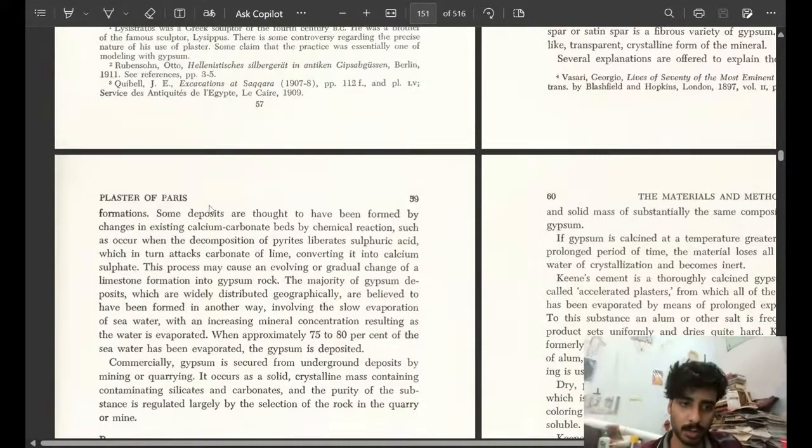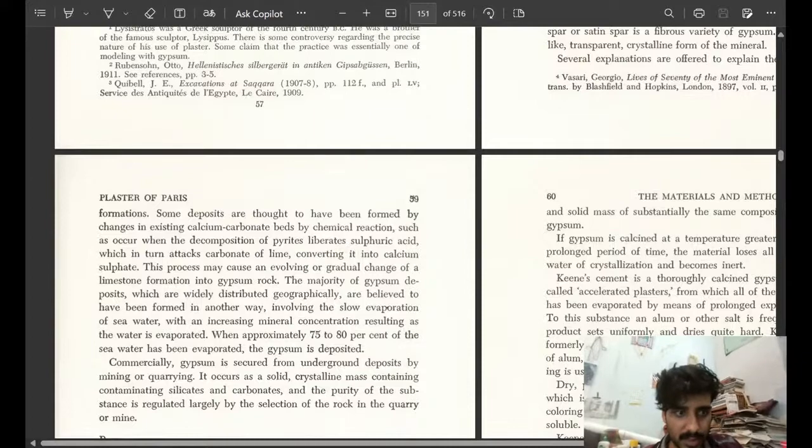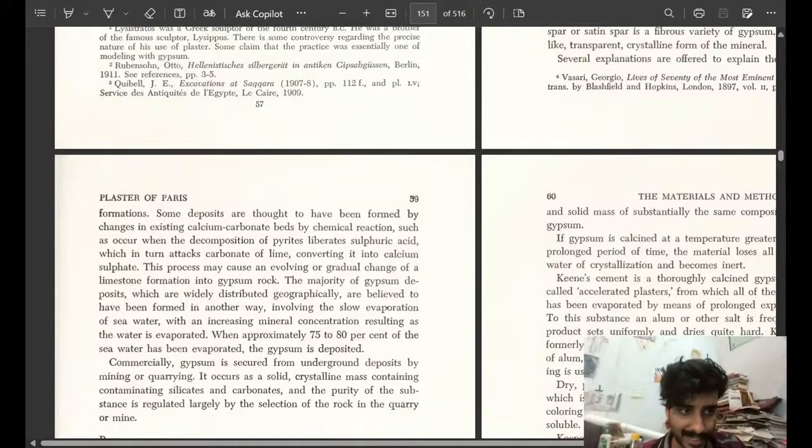Some deposits are thought to have been formed by changes in existing calcium carbonate beds by chemical reactions that occur when the decomposition of pyrites liberates sulfuric acid, which in turn attacks carbonate of lime, converting it into calcium sulfate.